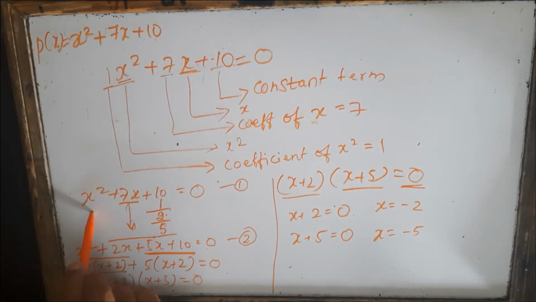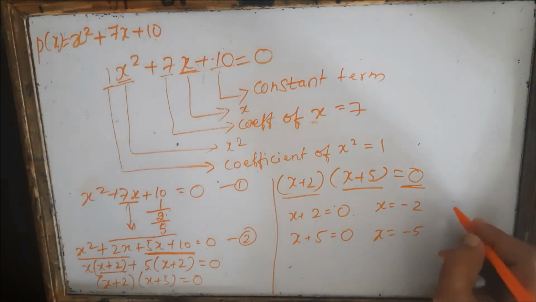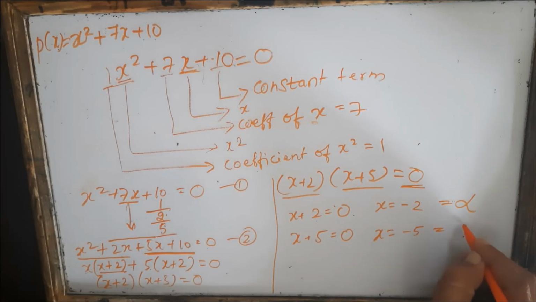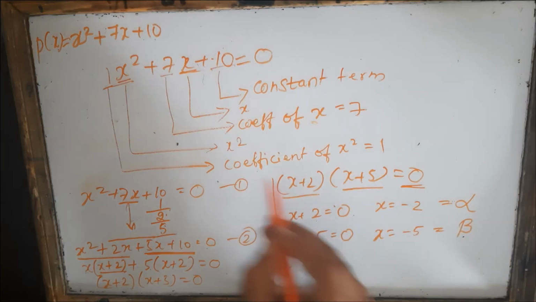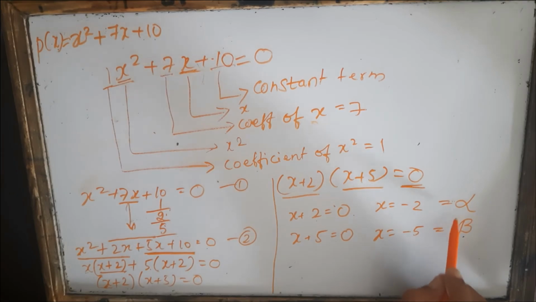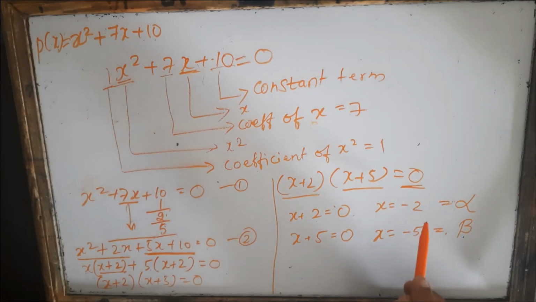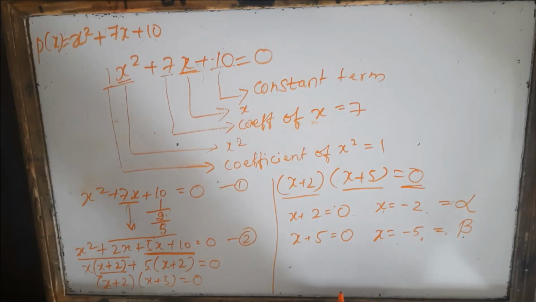You can try for yourself. Then x is equal to minus 5 also will make this equation 0. That means this we call alpha and this we call beta. For a quadratic equation like this, there will be 2 points where this equation will become 0, that is for alpha and beta, x is equal to minus 2 and x is equal to minus 5.